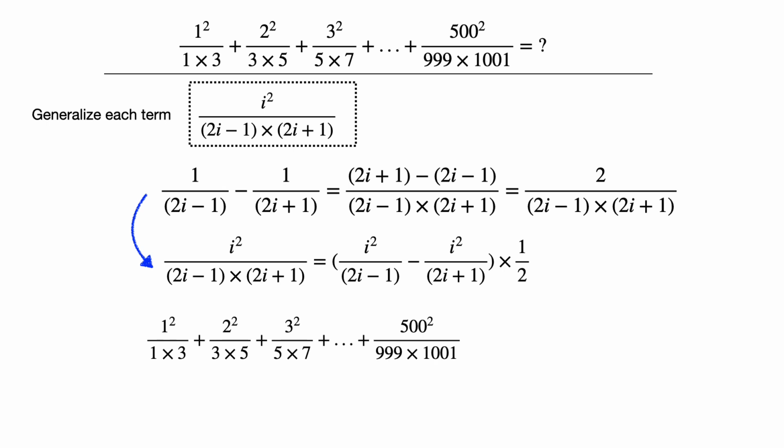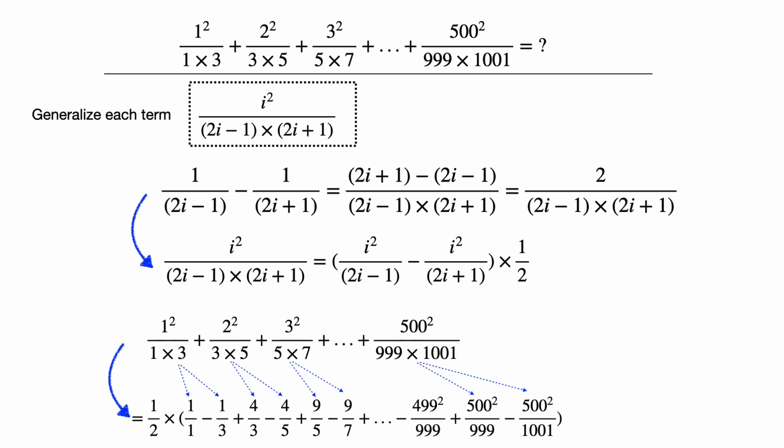Therefore, we can separate them into 1000 terms, which will be 1 over 2 outside of the bracket, then 1 minus 1 over 3. That's the first term. The second term will be 4 over 3 minus 4 over 5.